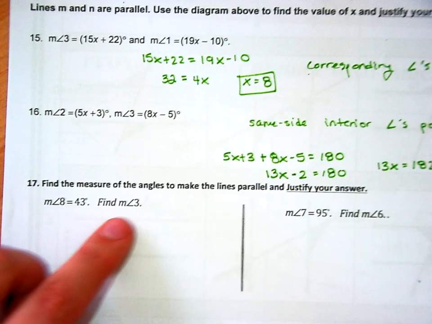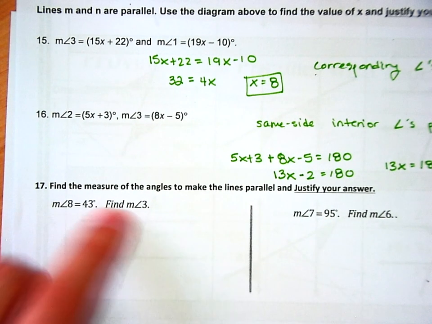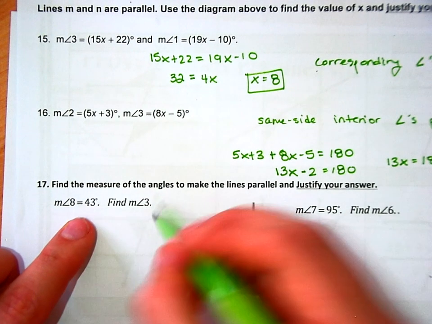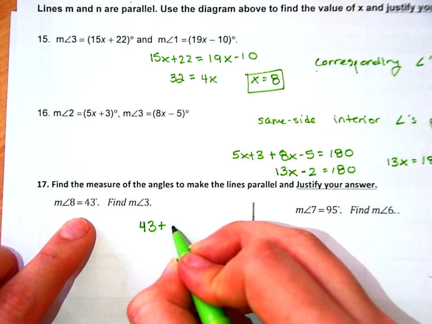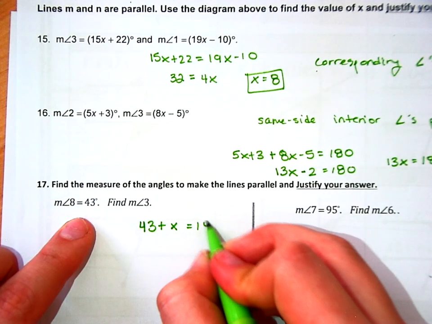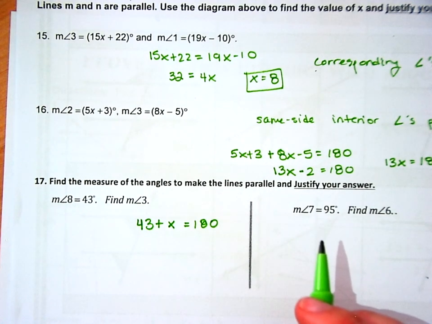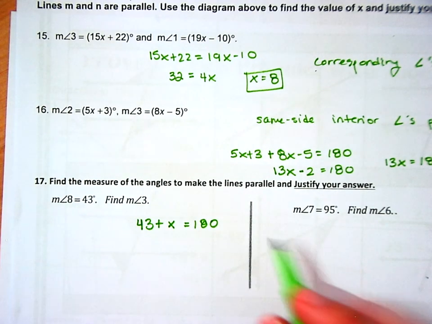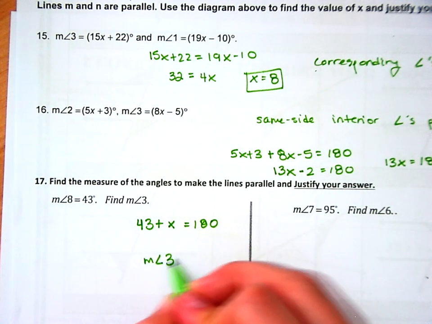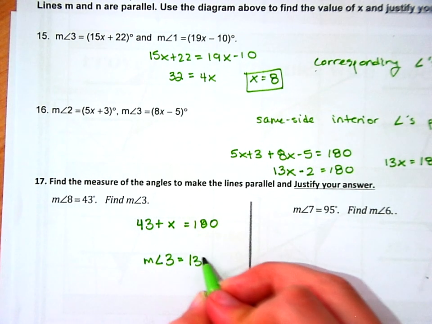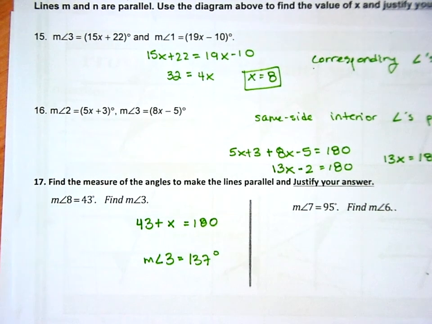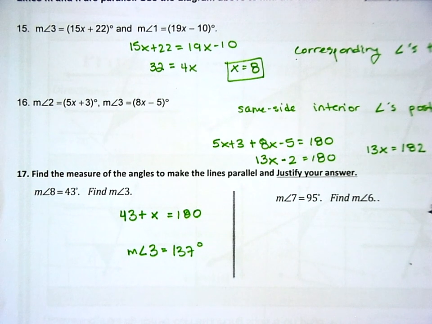So whatever 3 is has to add to 43 to equal 180. So 43 plus whatever angle 3 is has to equal 180. So I'm just going to do 180 minus 43. So the measure of angle 3 has to be 137 degrees in order to make those lines parallel.